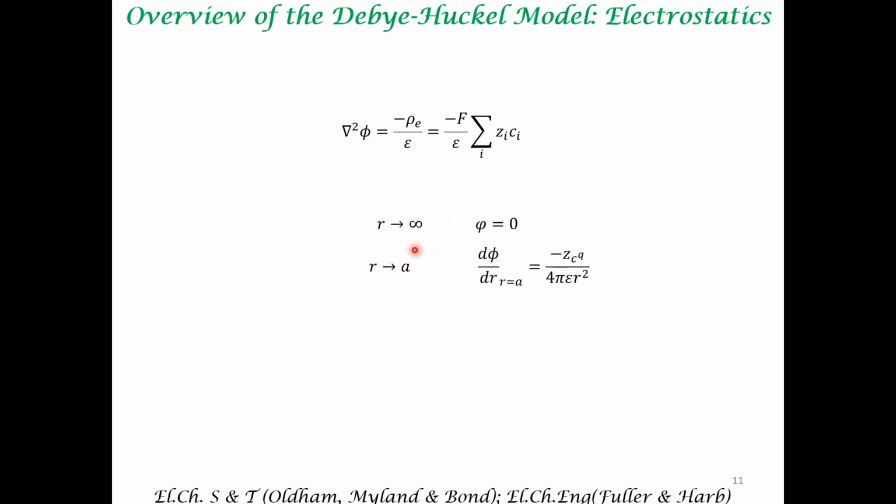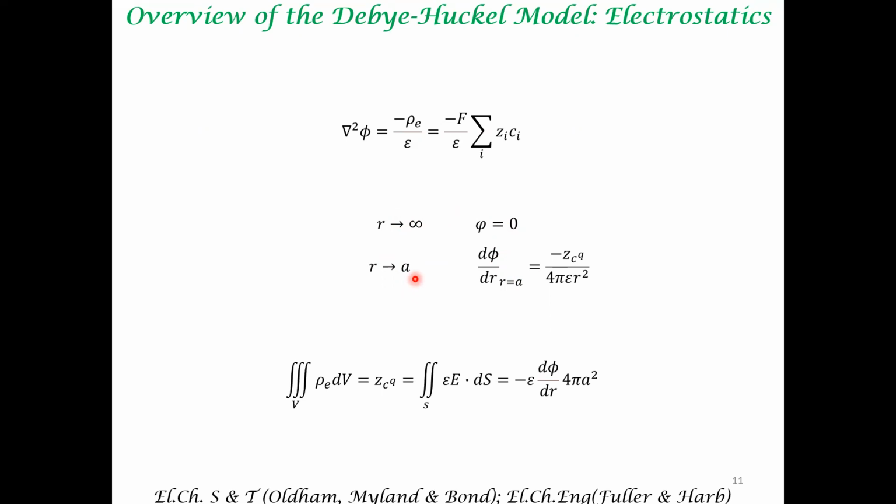And then at the radius of the reference ion, I can use electrostatics to get a sense for what would be d phi by dr. I know the charge of the ion, and from electrostatics I can compute the potential. Both are from the electrostatic principles that I am aware of.